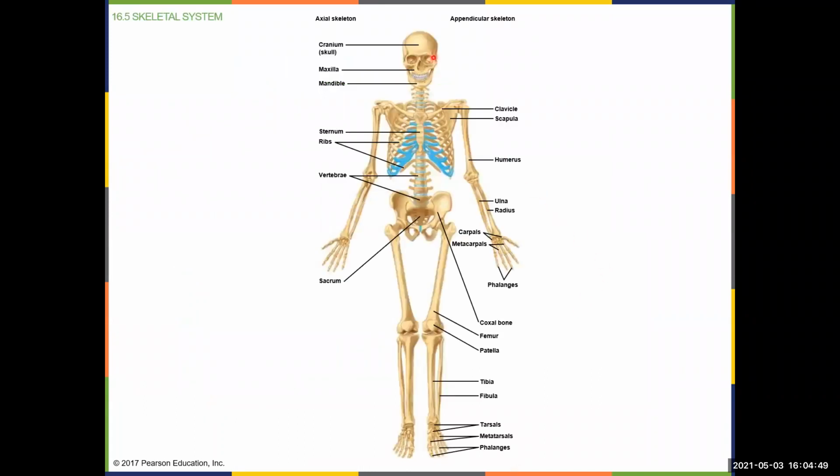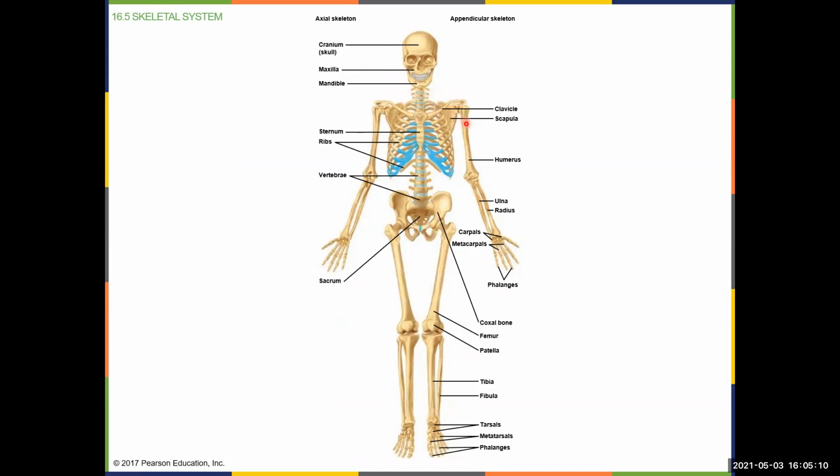And now we're going to go over the major bones within the body. An adult individual has approximately 206 bones in the body. You have your cranium or your skull, which is made up of several different bones. You have your maxilla, your mandible.